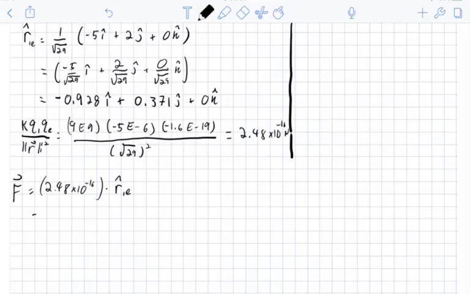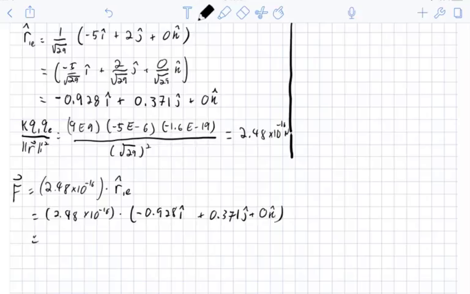So it's 2.48 times 10 to the minus 16 times minus 0.928 i hat plus 0.371 j hat plus 0 k hat. 2.48E minus 16 times minus 0.928, minus 2.301 times 10 to the minus 16, plus 2.48E minus 16 times 0.371.